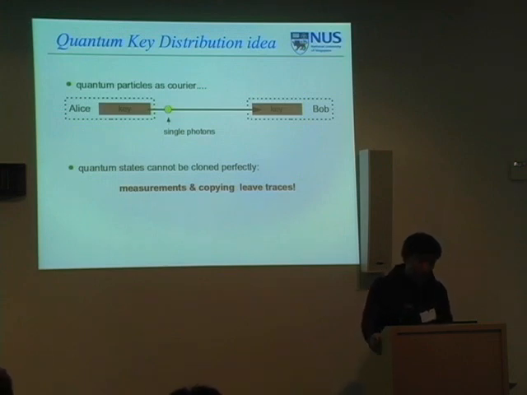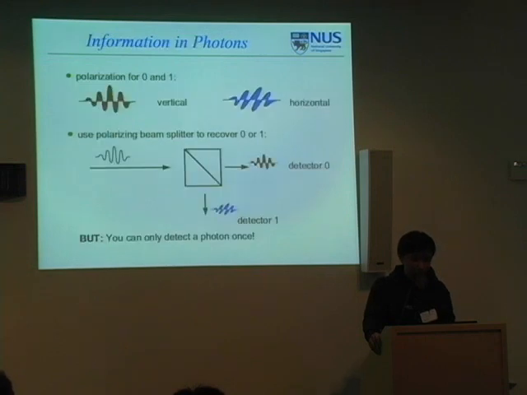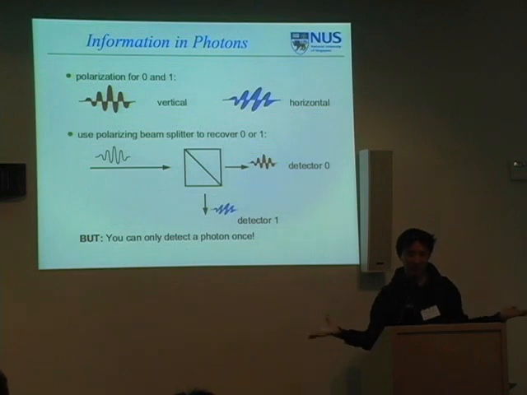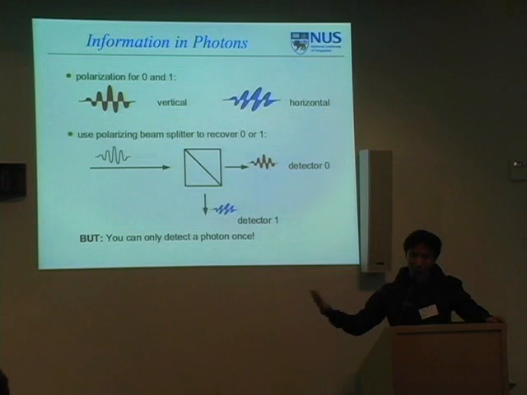One way to do this is to encode the key inside the polarization state of single photons. Let's see how it's done with single photons. You can think of photons as simply the smallest indivisible packet of electromagnetic energy, and electromagnetic energy can be viewed as a wave.